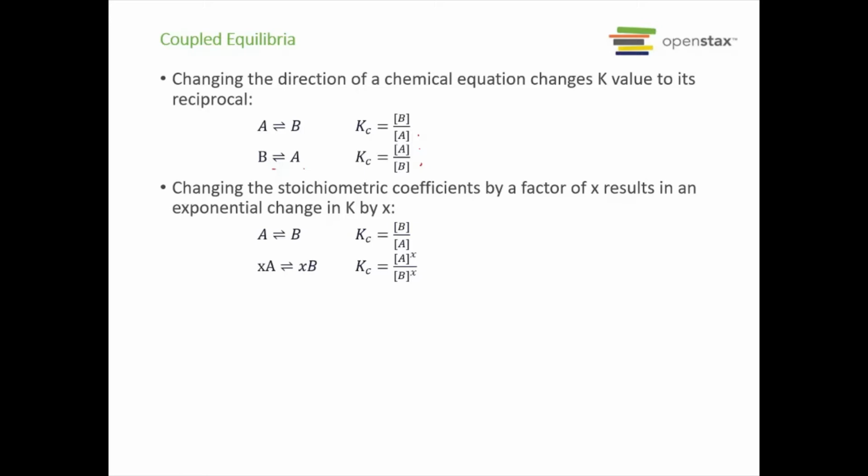So for A to B, we change it to xA going to xB. Now, because you have a coefficient, remember you take your concentration and you put it up to the power. There was a typo there. So this becomes the concentration of B to the x power over the concentration of A to the x power.